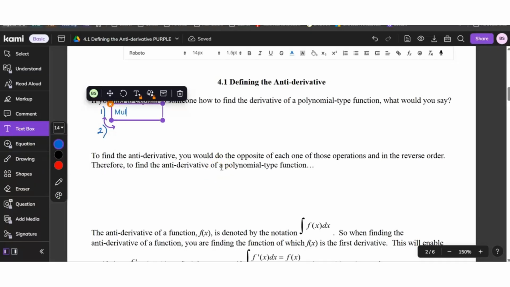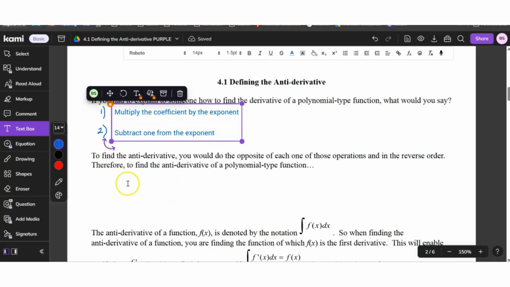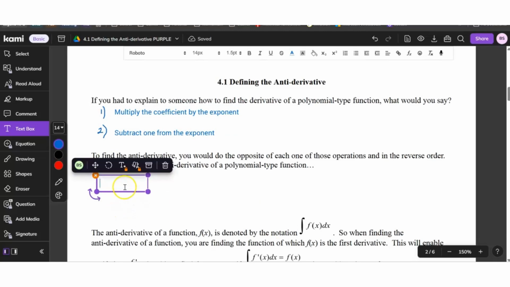So you multiply the coefficient by the exponent. And then what's your second step? We subtract 1 from the exponent. Good.